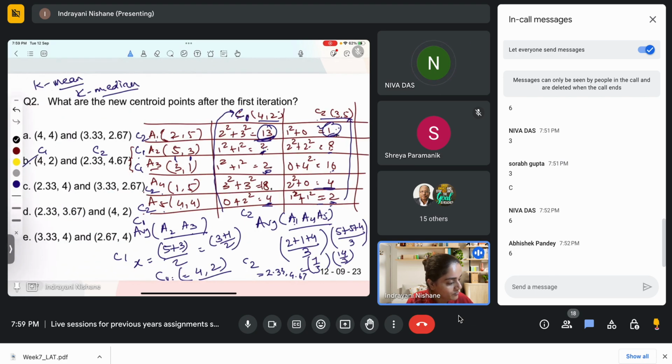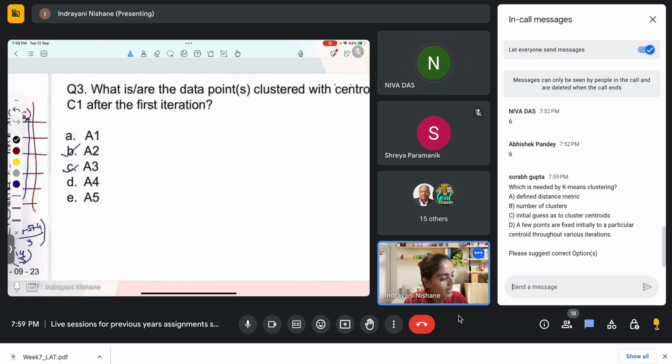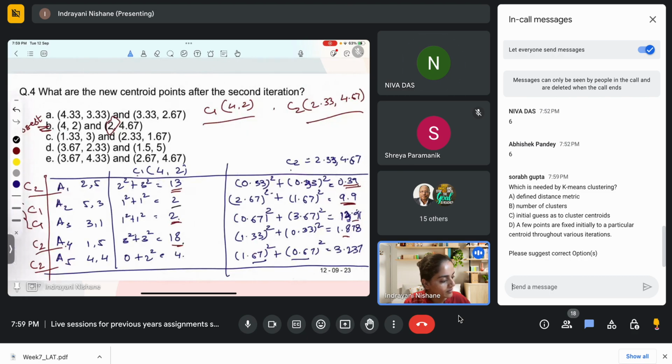Maybe I should consider this value, because that centroid value 4, 2 is also the same. So this 1, 8, 16, 4, 2 is the difference between data point and centroid. And here the difference between data point and centroid is 0.39, 9.9, 13.9, 1.8 and 3.2. So this difference is different. Yeah, but still the centroid remains the same because the points in the cluster remain the same.